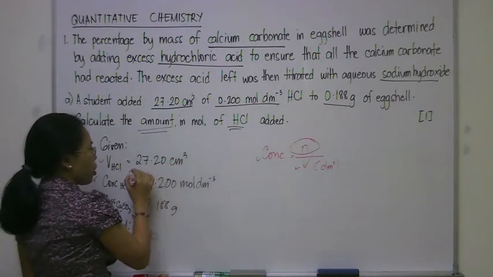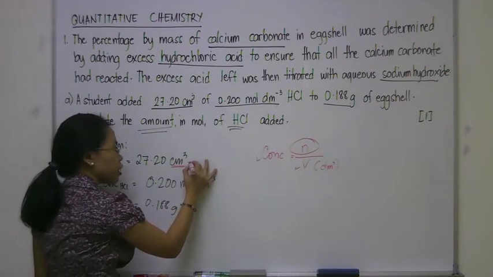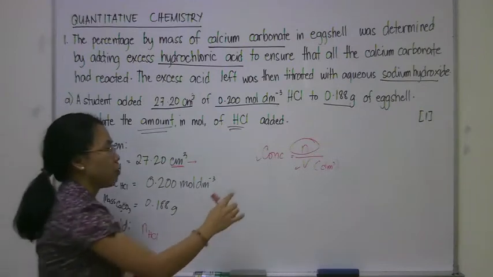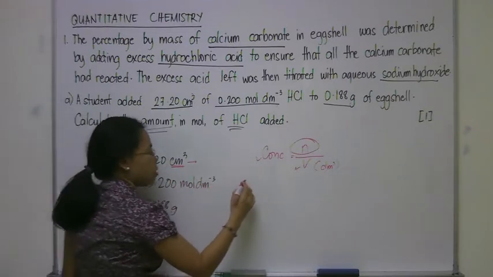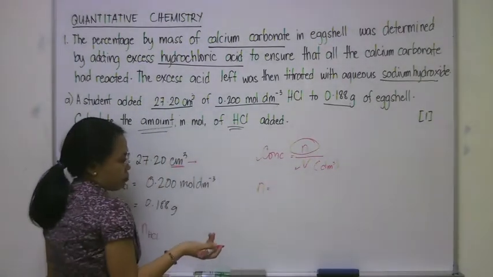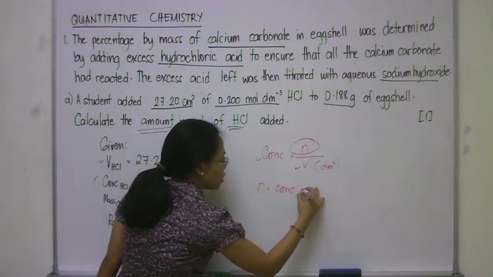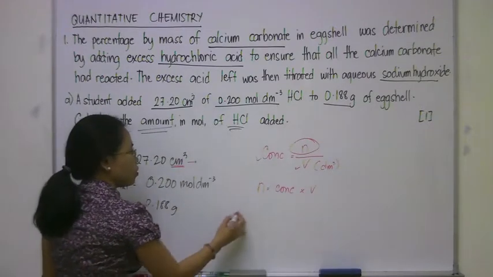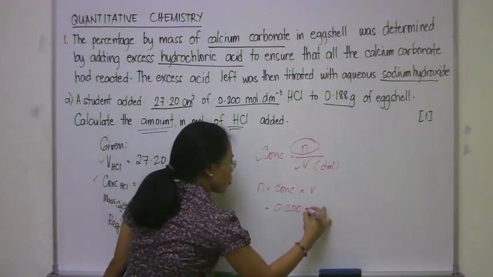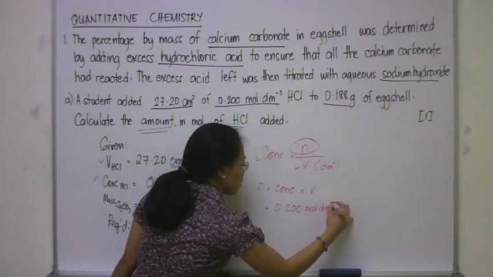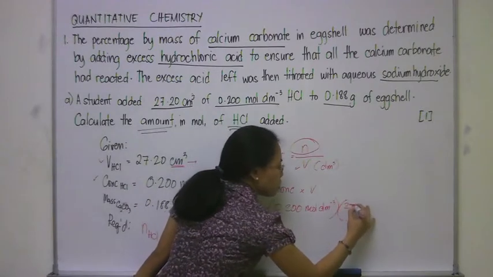The unit of the volume given is cubic centimeter, so you need to convert this to dm cube before multiplying it with the concentration. Or you can divide it by 1000. Moles is equal to concentration times the volume. So you have here the concentration, which is 0.200 mole per dm cube, times the volume.